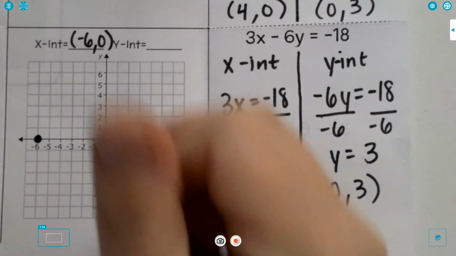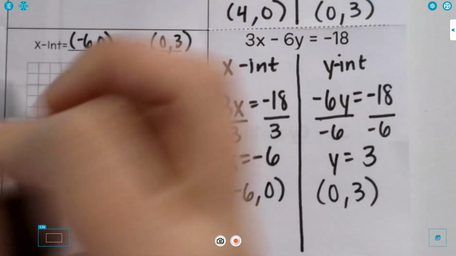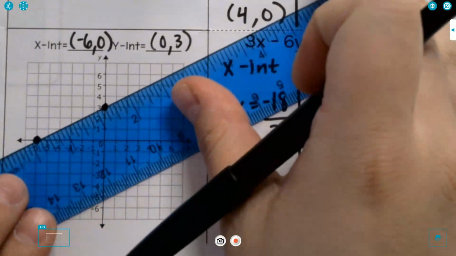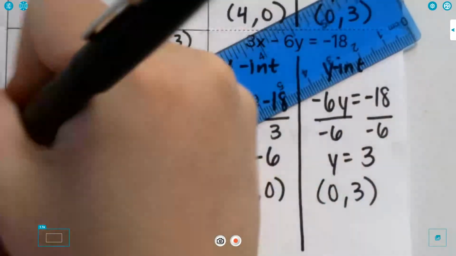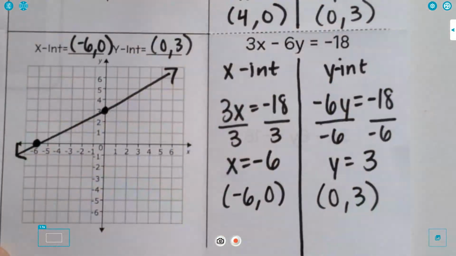So it'll be 0 over 3 up. Okay. And then you can once again just connect both of those. Okay. Any questions on intercepts method?